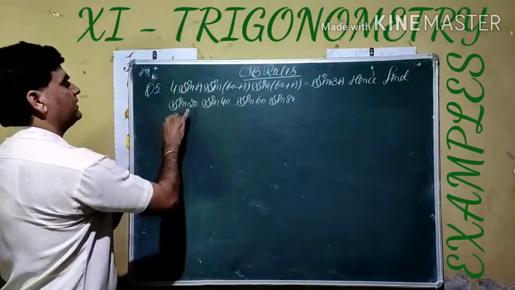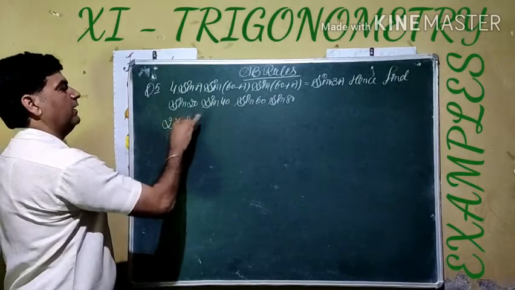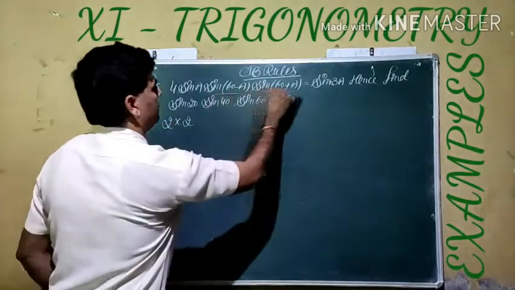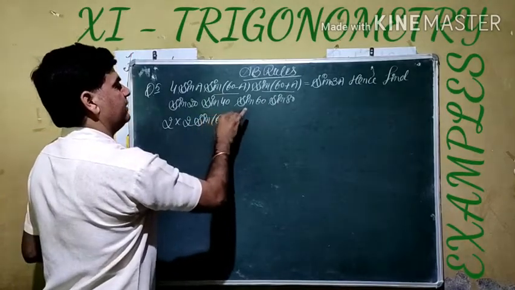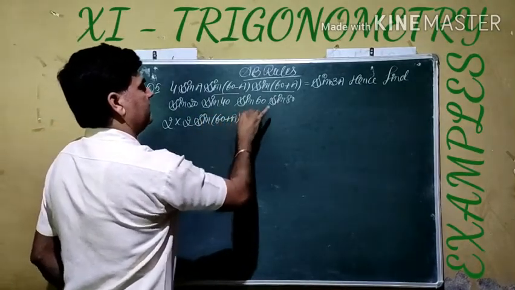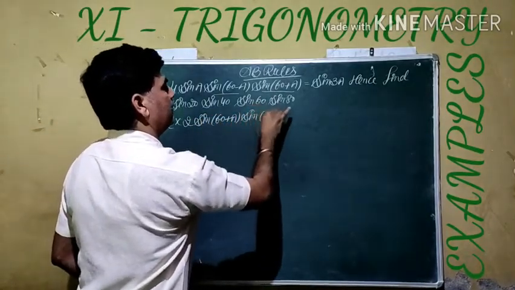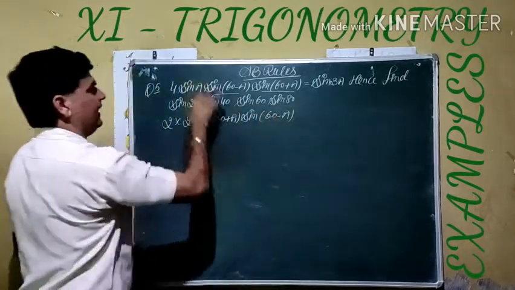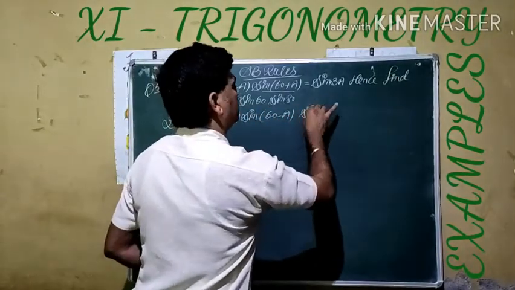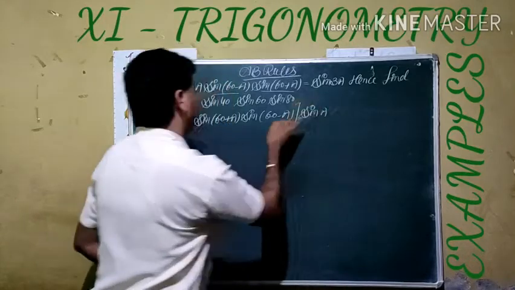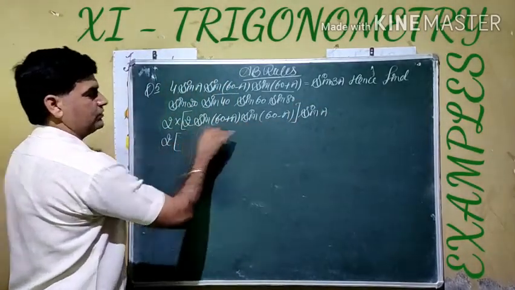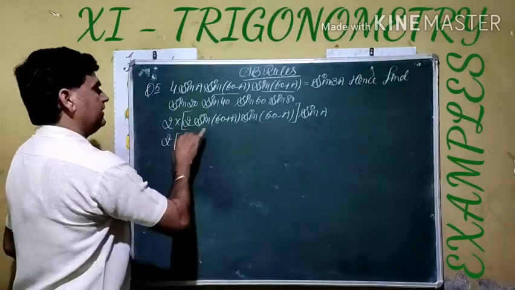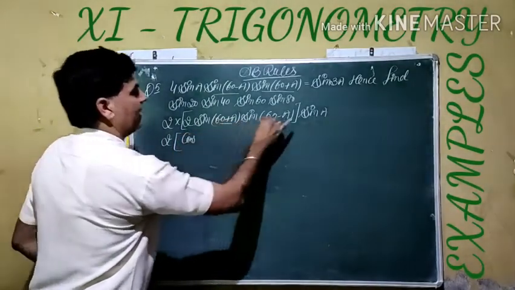We are breaking 4 as 2 with 2 and taking these two values together. First sin(60 + A) as the first statement, sin(60 − A) as the second statement, and we are taking sin A at last, making a group of these three values. We have the 2 sin A sin B rule, which is given by cos(A − B) minus cos(A + B).